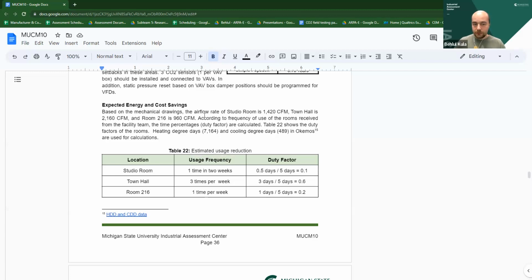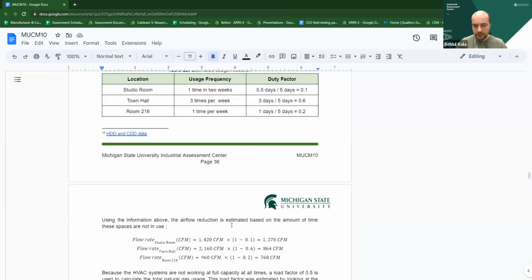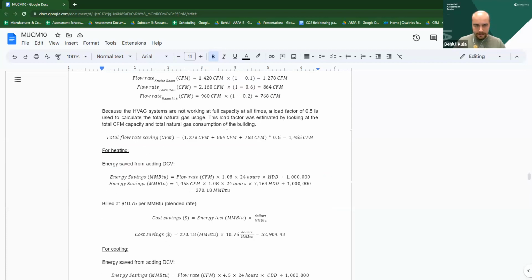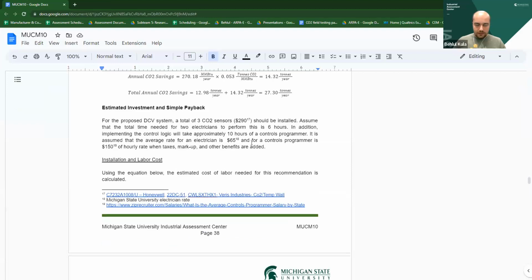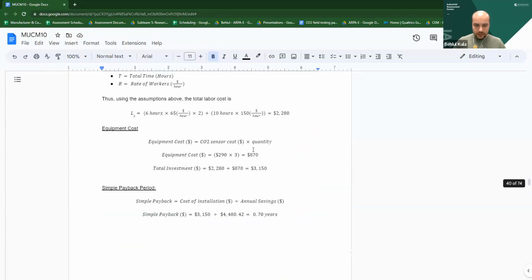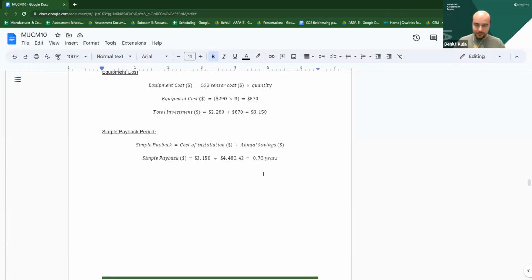We also used the airflow rates of the diffusers from the mechanical drawings, and we used a 50% reduction for that. So this includes everything here. And the payback period is less than 1 year for that one.